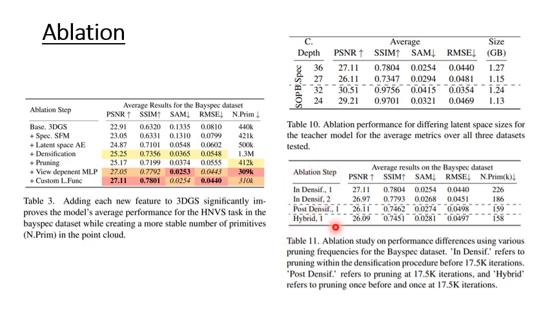You can see that if you do it after densification, you get much worse results. But if you do it once or twice inside of the actual densification step, then suddenly we get some really good results. And the huge decrease from 1.3 million to 412, with the results staying marginally close to the original, is a testament to that.